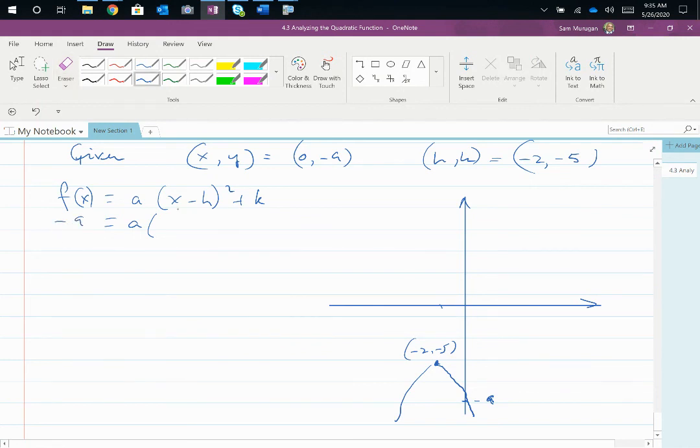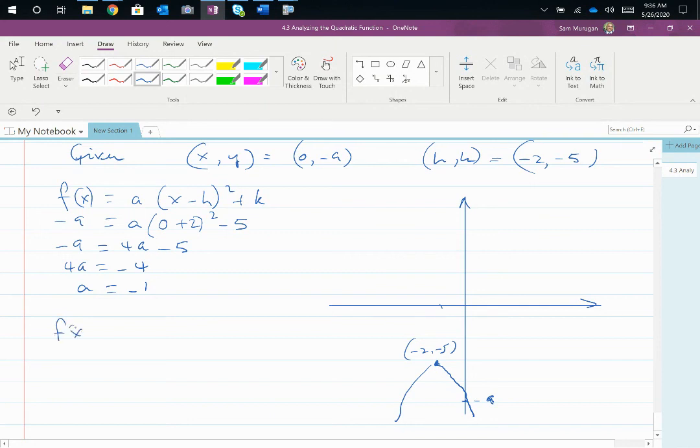Then x is 0, and the vertex value is negative h. So negative of negative 2 is positive 2 squared, minus 5. So negative 9 is equal to 4a minus 5. Okay, so 4a is equal to negative 4, so a is equal to negative 1.